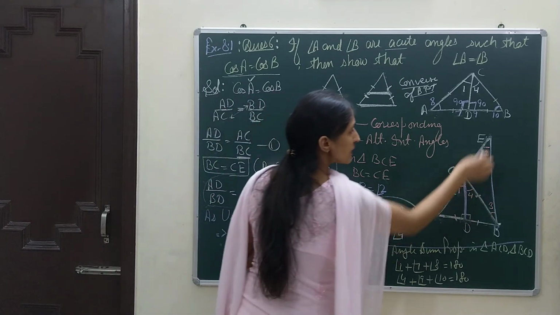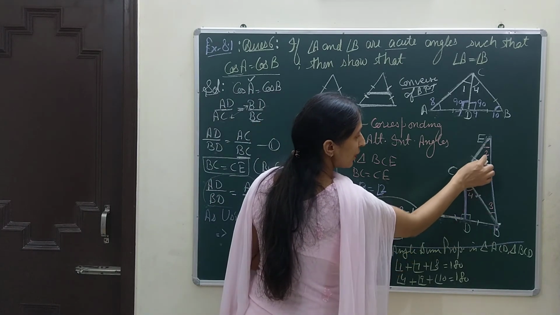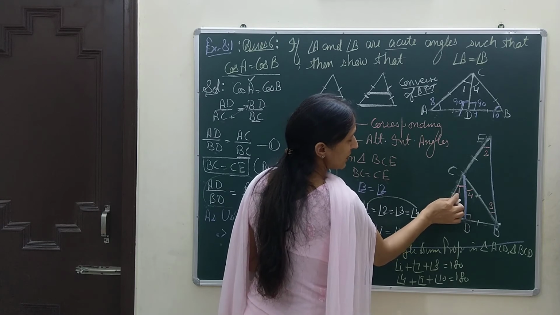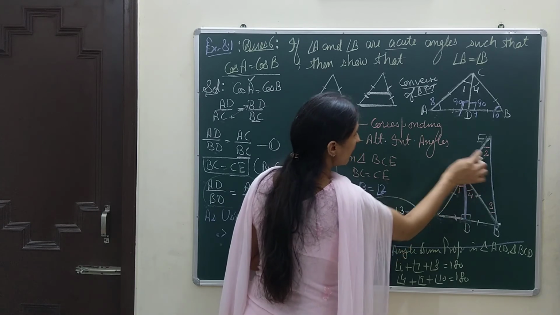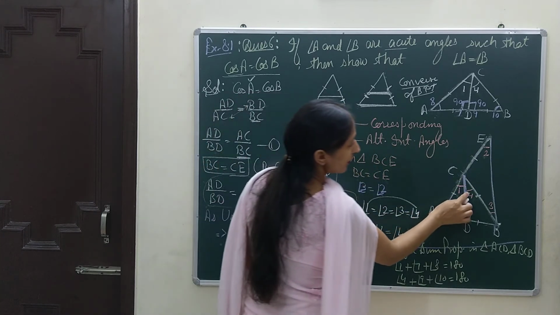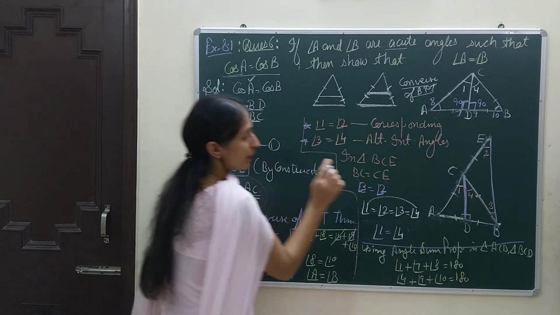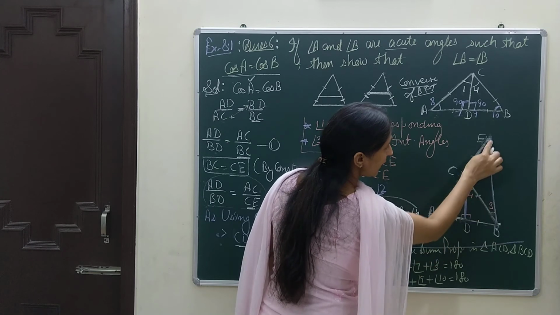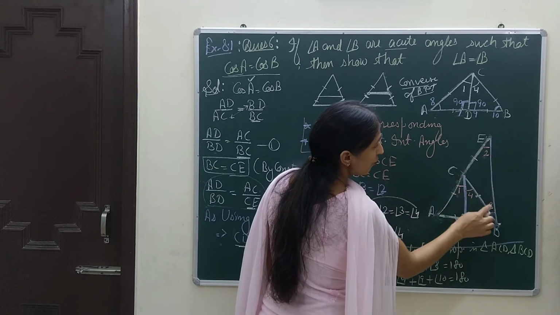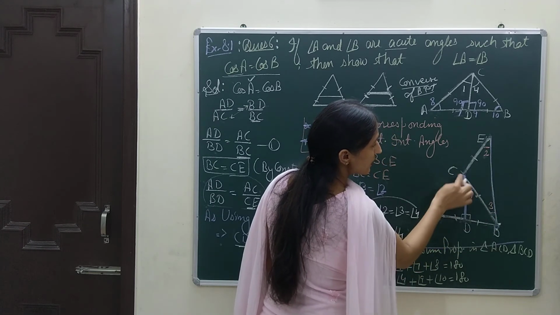If these lines are parallel, we can get the angles equal. That means angle 1 is equal to angle 2 and angle 3 is equal to 4, because these are alternate interior angles. Moreover, in the smaller triangle CBE, two sides are equal.